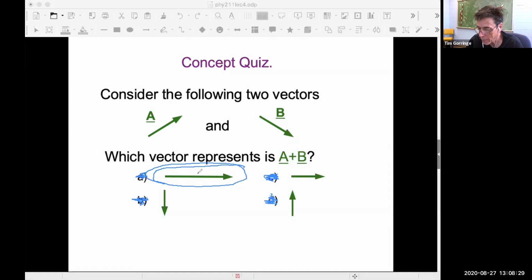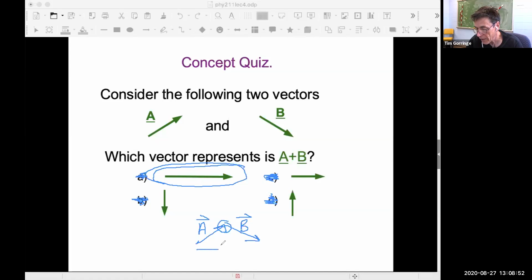It's this one here. The way to think about that is first draw A. That's the first vector. It looks something like that. Then draw B, the second vector. It looks something like that. I've drawn B with its toes on A's head.